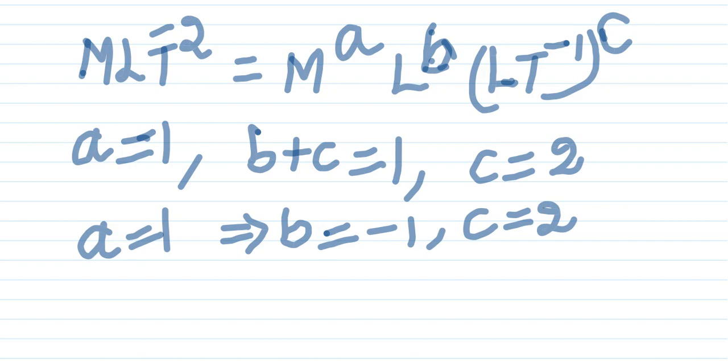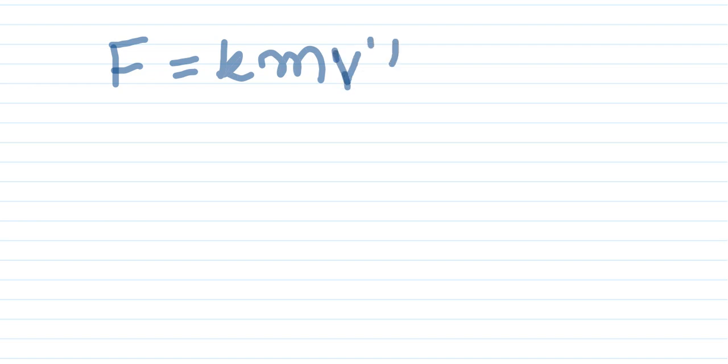So the relation is F is equal to K into m v square by r, since c is equal to 2 and b is equal to minus 1.